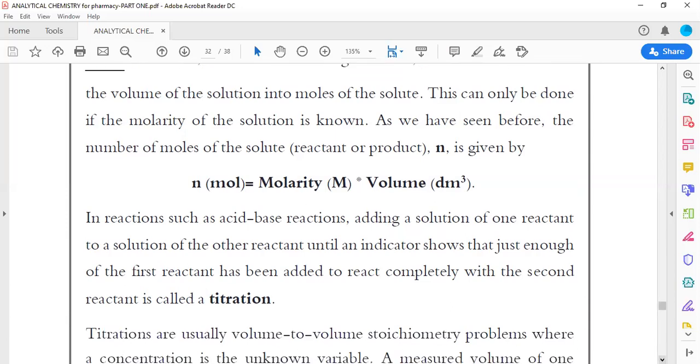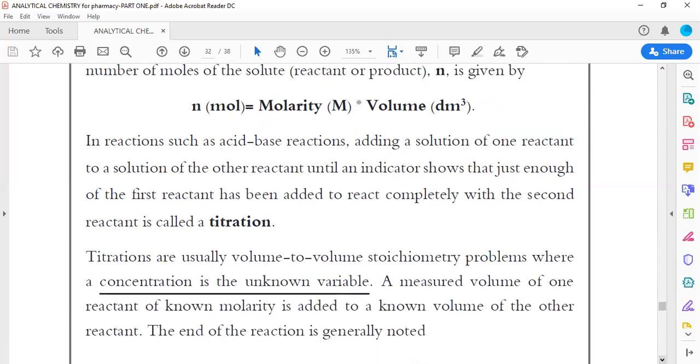Right. So reactions such as acid-base reactions, adding a solution of one reactant to a solution of the other reactant, until an indicator shows that just enough of the first reactant has been added to react completely with the second reactant, is called titration.